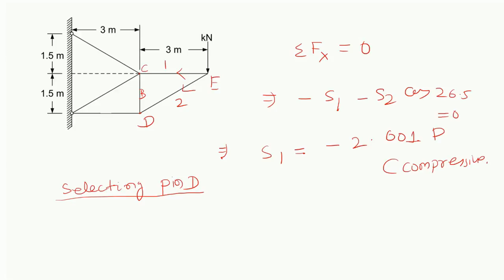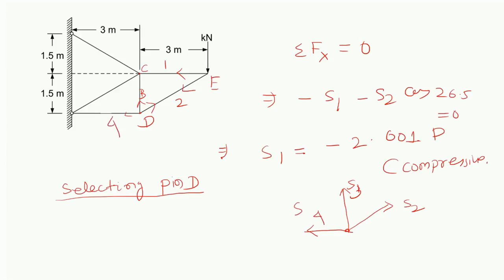It is very easy. Then the similar thing at the point D, you have to draw the force system. This is S2. Why? Everything is in tensile from the point D. Point means this is the pin D. Okay. This is S3. S4. This is 4.